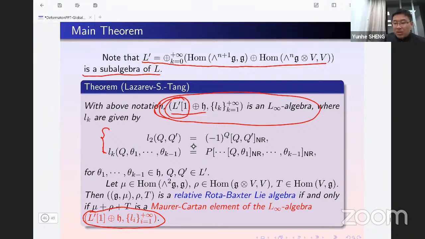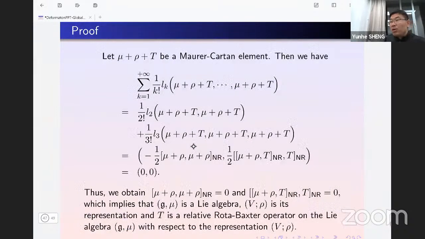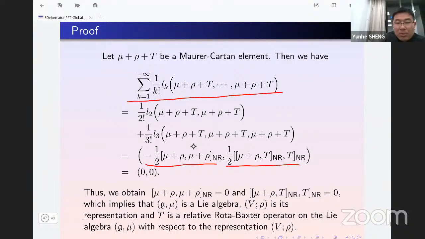Okay. So we roughly give the proof of this theorem. We just need to compute the Maurer-Cartan equation. After the straightforward computation, we found that there are only two terms left. So if (mu, rho, T) satisfies the Maurer-Cartan equation, this means that the bracket of mu plus rho and mu plus rho is 0.